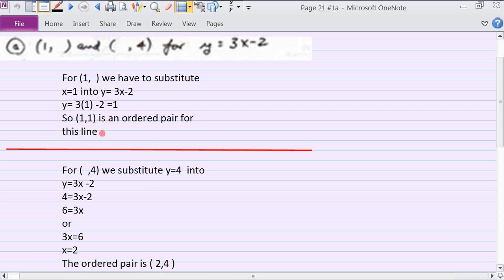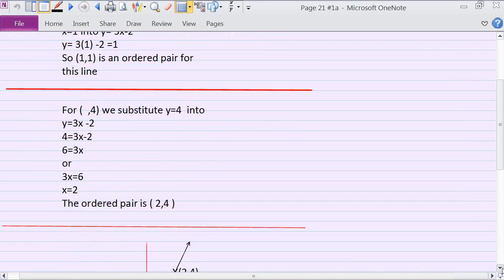In the first problem, we were given x equal to 1, and using the equation, we found that y equals 1 when x equals 1 is plugged into this equation. Similarly, we were given y equals 4. We substituted over here, and then we solved for x and found that x was 2. So we now have 2 ordered pairs. We have (1, 1), and we have (2, 4), and we can start to draw a graph.